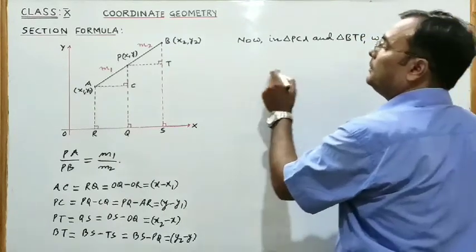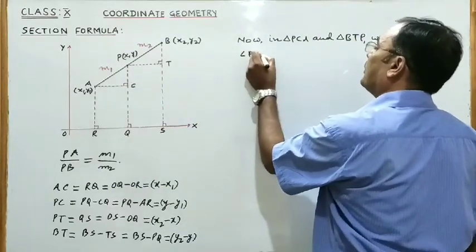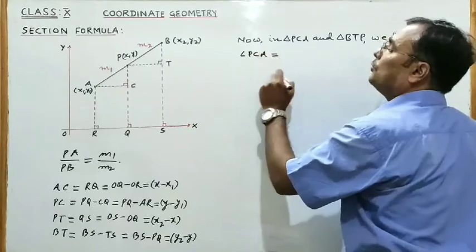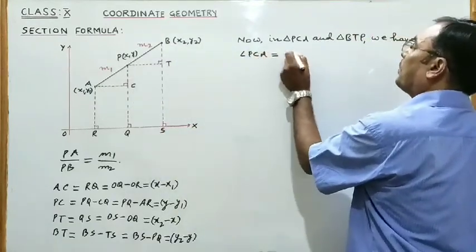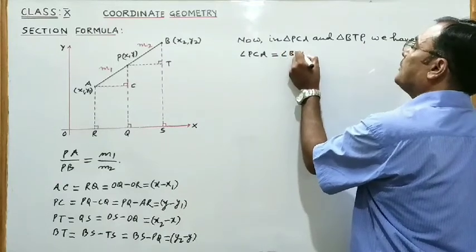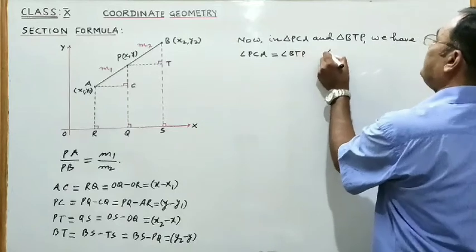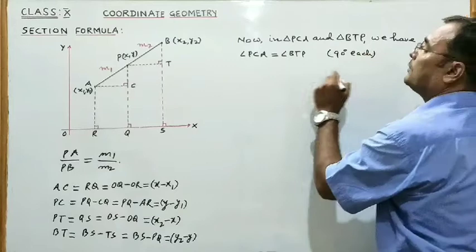We have angle PCA equal to angle BTP, 90 degrees each.